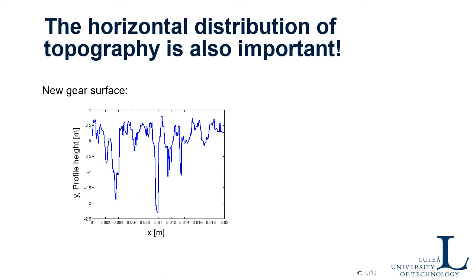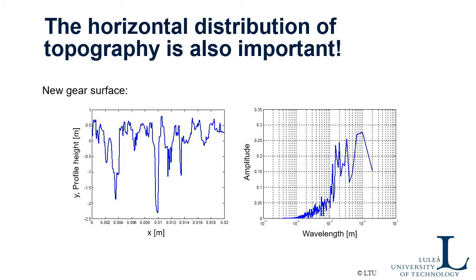If you do a Fourier transform here, you actually move from the profile to the frequency plane, and you plot the amplitude versus the wavelength. You can see that it contains, of course, a number of long wavelengths, but also a number of short wavelengths down here.